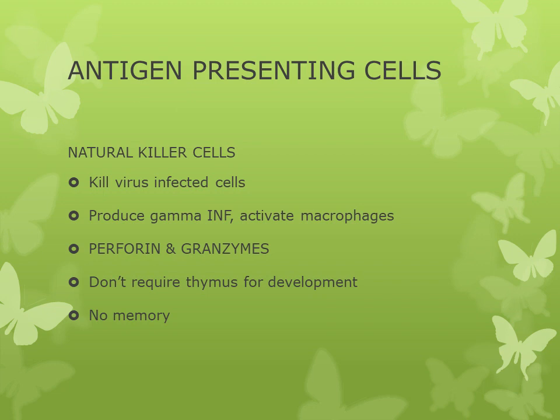Granzymes are caspases in nature and cause apoptosis. Similarly, the concept of antibody dependent cellular cytotoxicity is also present here in the case of natural killer cells. Similarly, Fas ligand interaction is also helpful in killing of the microorganism, and this is also applicable for the natural killer cell.